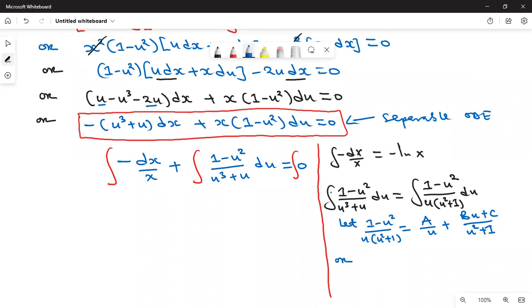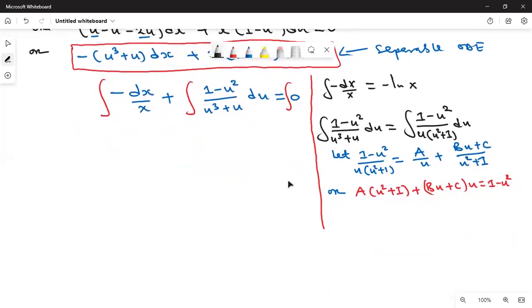Or if I cross multiply by the LCM, I'm going to get A times u squared plus 1 plus Bu plus C times u is equal to 1 minus u squared. So this equation is true for whichever value of u that I choose.